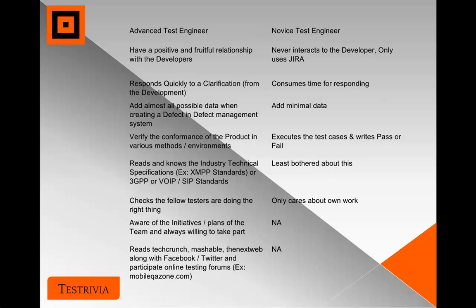Make sure that you test it in all possible environments before confirming a product that goes to market. If you only execute, write, test, pass or fail in 1 or 2 browsers, or test it in 1 or 2 OSs, operating system versions or platform versions, you are a novice tester.